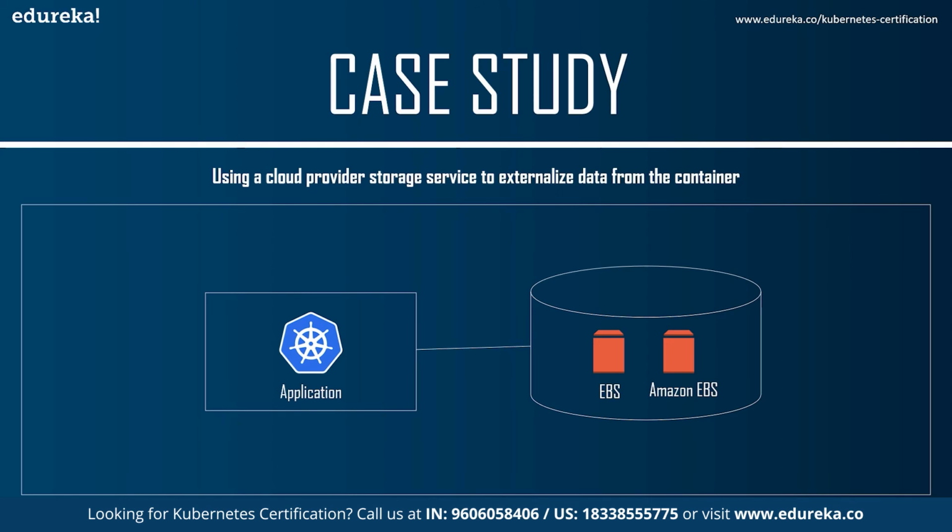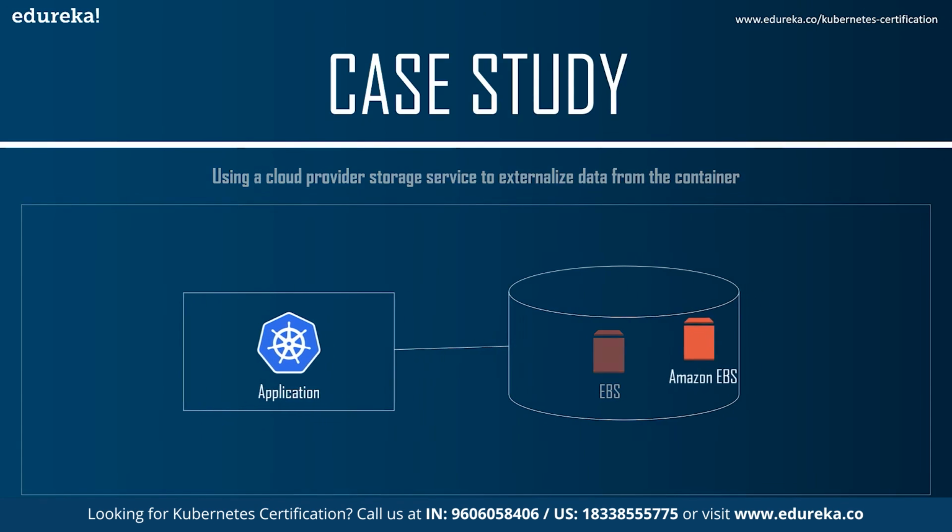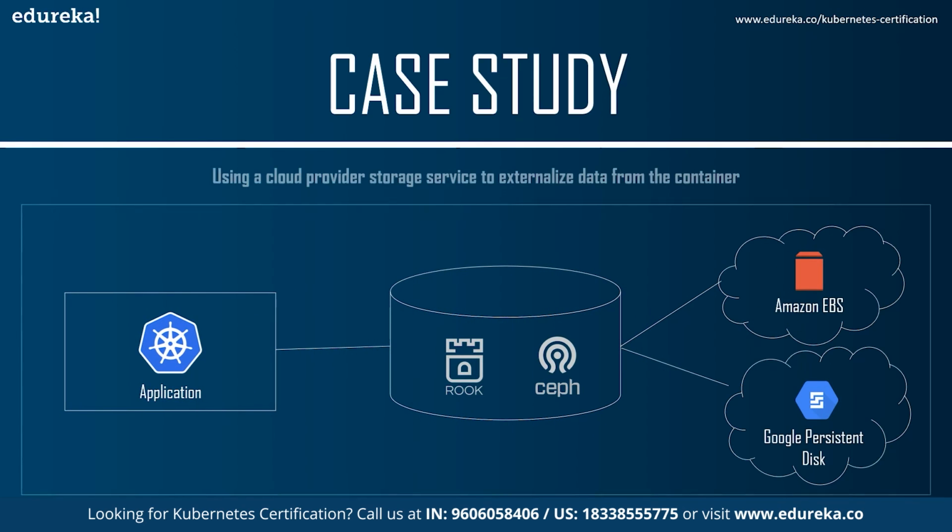So here in the figure, an application is attached to a persistent volume backed by Amazon EBS. So now what the application can do is use a storage provided by Rook, Ceph, or another software-defined storage solution, which is in turn consuming compute and storage resources from any cloud provider.